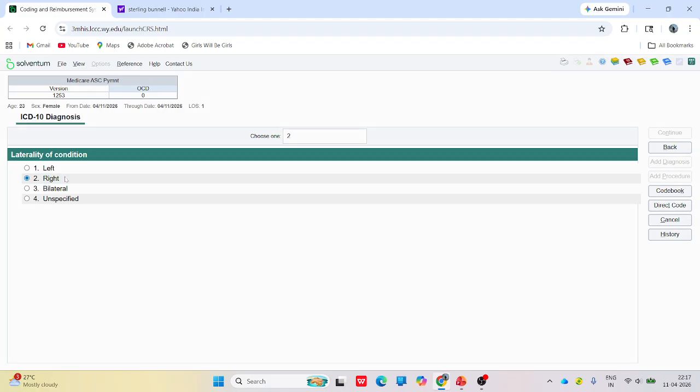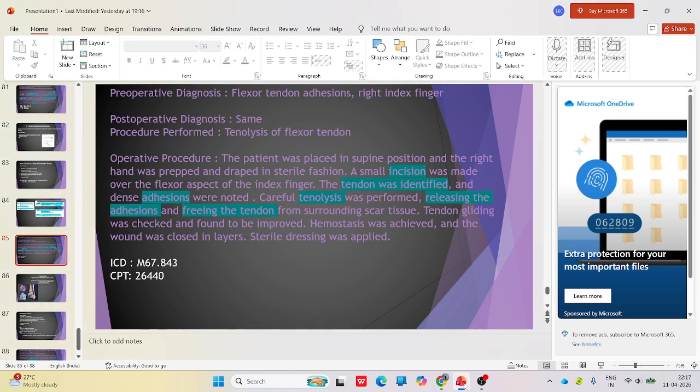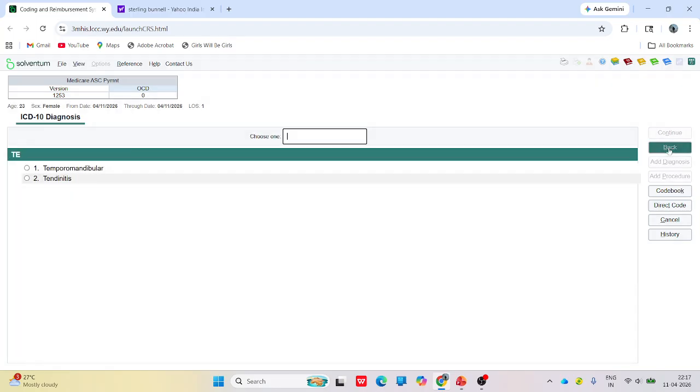Upper arm, right side. So it's in right upper arm. Okay. 843. It's coming wrong. Why is it coming wrong?